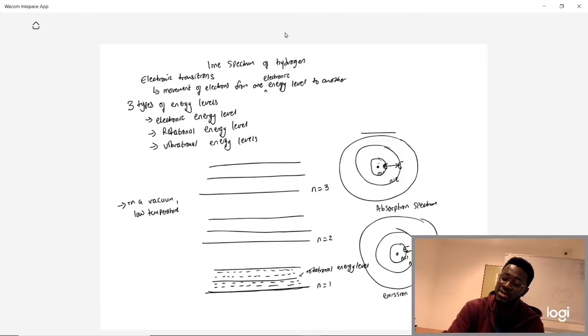In the absorption spectrum, you're absorbing energy. So you pass white light through the atom, and it absorbs one wavelength, so one wavelength is missing. You can see this is the missing wavelength.